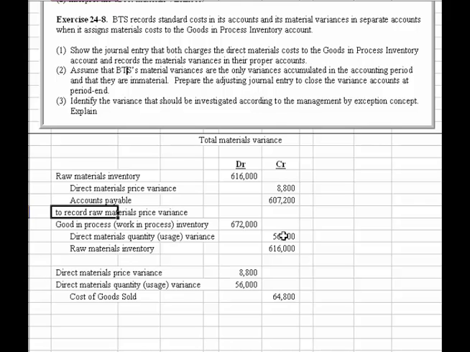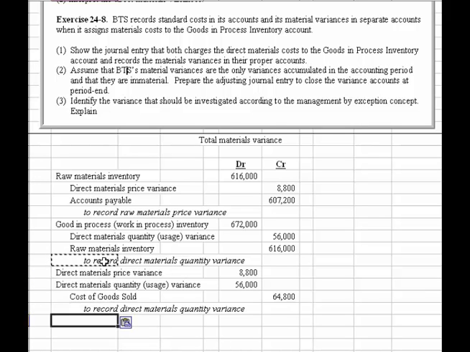Right? Let me do it this way. Slide that over. I'm going to just copy here and say this one is to record our, this time I'll use the word direct materials quantity variance. Okay? And then I'll copy this over so that the format is there, and this one would be to close favorable material variances to, and I'm just going to abbreviate it as cost of goods sold.